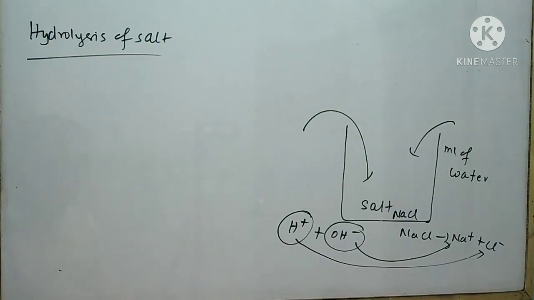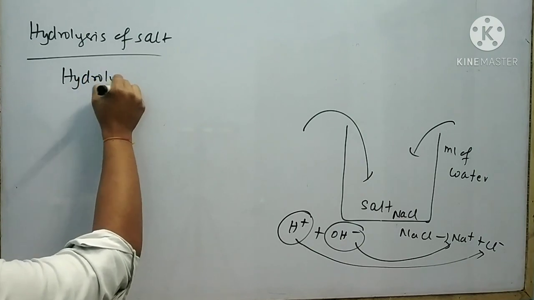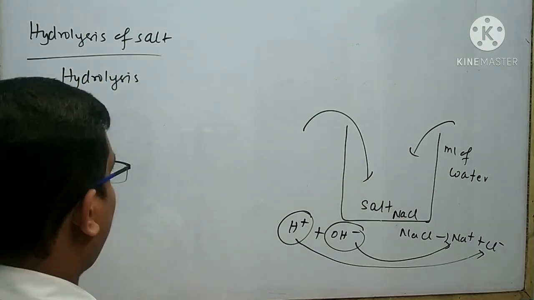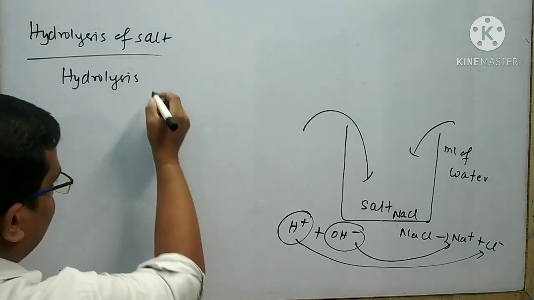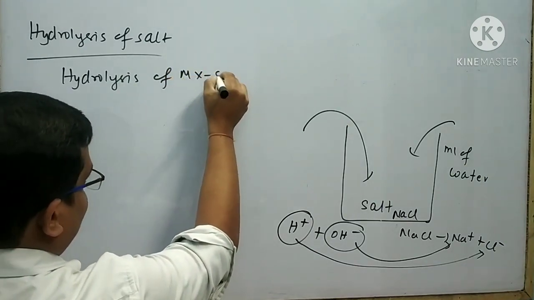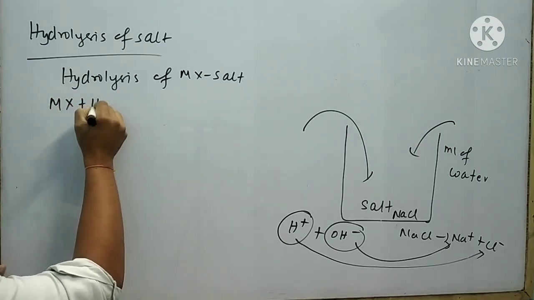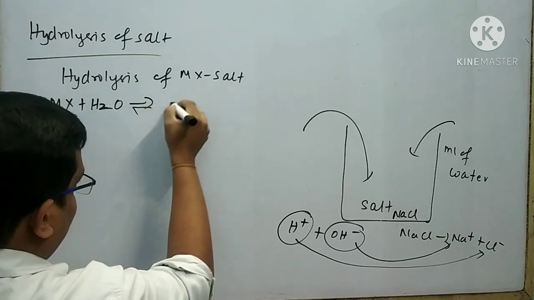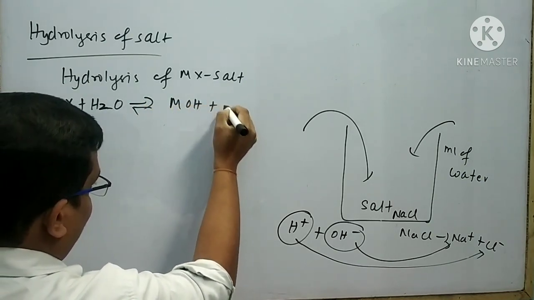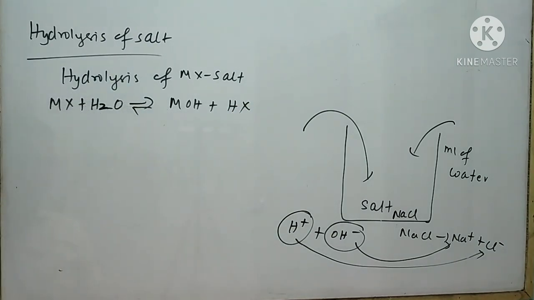Let us consider hydrolysis of a salt. Suppose I will take a salt MX. That means let us consider hydrolysis of MX salt. When MX undergoes hydrolysis, then what will happen? Here MOH and HX are formed. Now apply the law of chemical equilibrium.